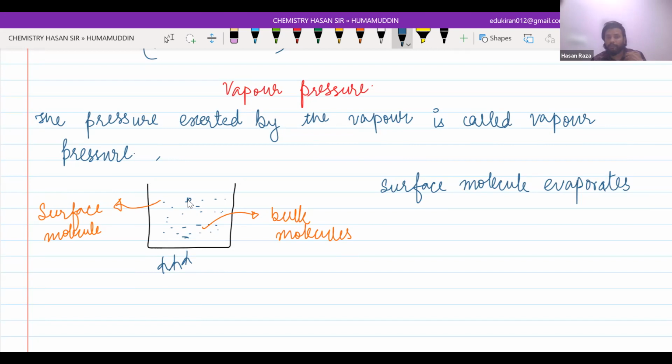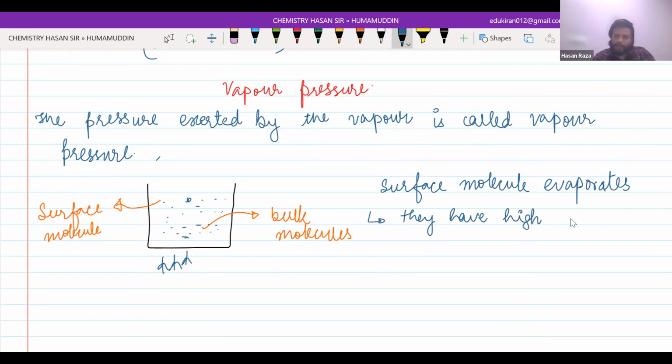The force of attraction will be lesser, and they can be easily evaporated. So surface molecules evaporate because they have high kinetic energy.